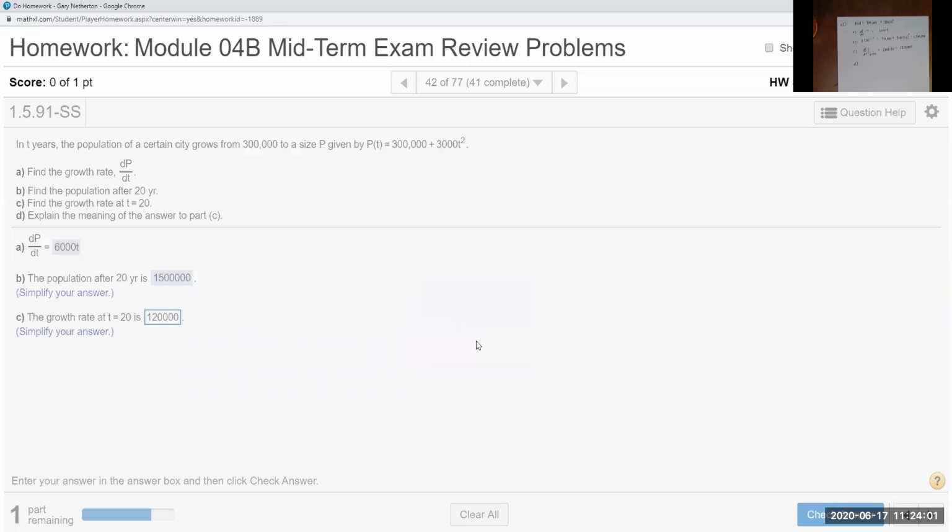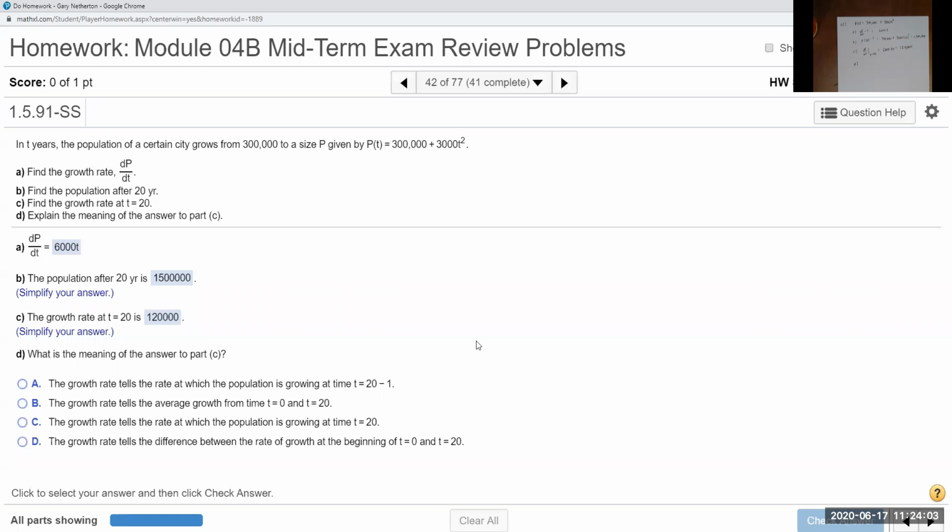Now, D is probably going to be some kind of multiple choice. What's the meaning of the answer to part C? So part C is asking the growth rate. Like I said a minute ago, that means after 20 years, if you look at that point in time, how is the population growing at that point in time? Population growth is not staying the same. It's changing.